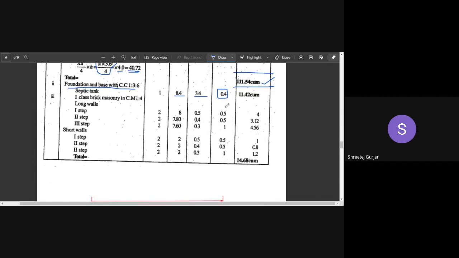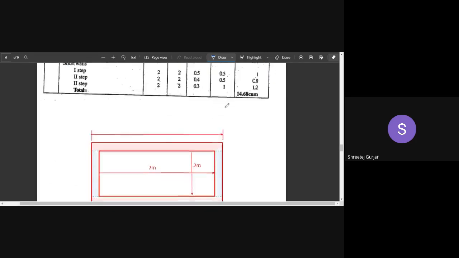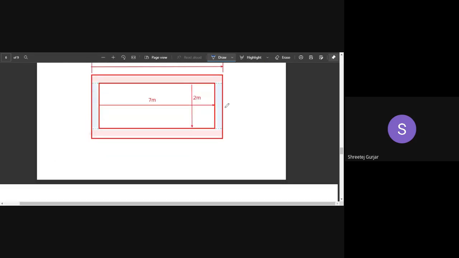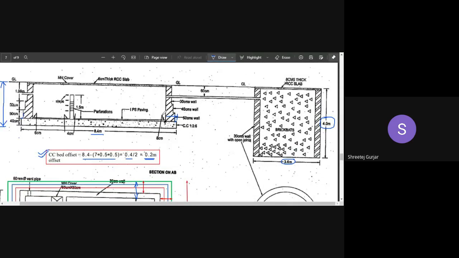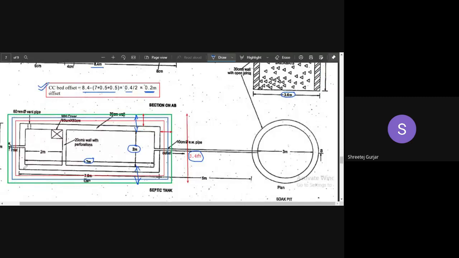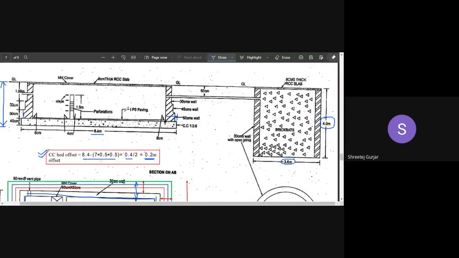So we have four walls, but in 3 steps. That is 2 long walls and 2 short walls. These in this direction we will consider as long walls, and this direction as short walls. So 2 long walls and 2 short walls, and in 3 steps.